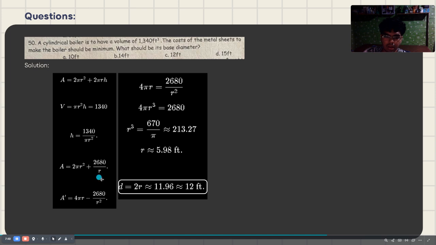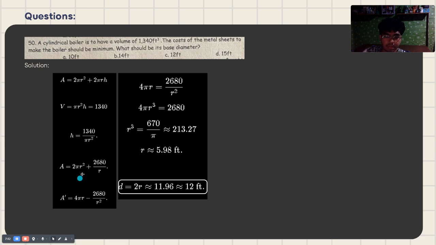Then for the area, substitute this. So area is equal to 2 pi r squared plus 2,680 over r. Differentiate. A prime is equal to 4 pi r minus 2,680 over r squared. Set it to 0.